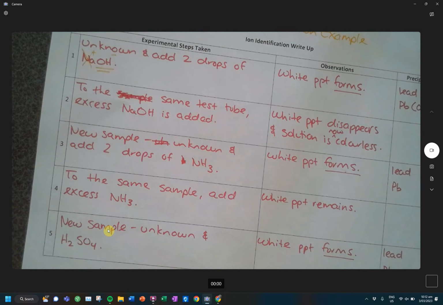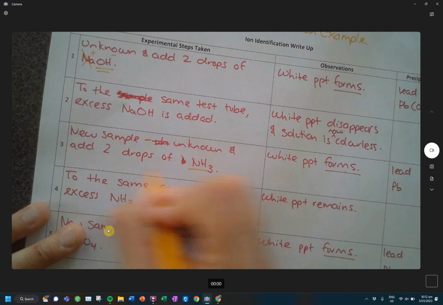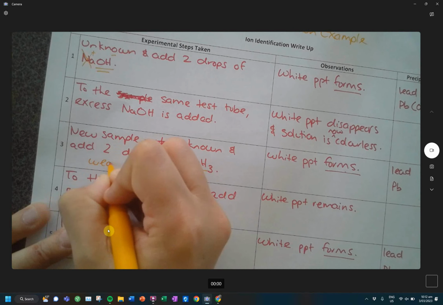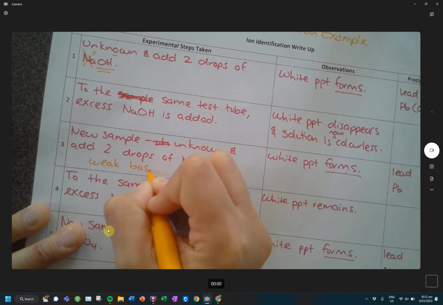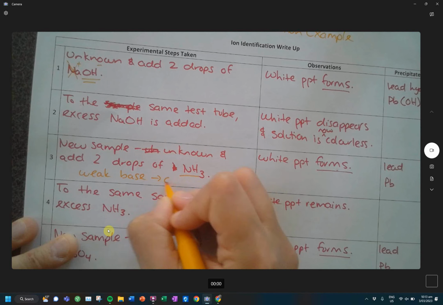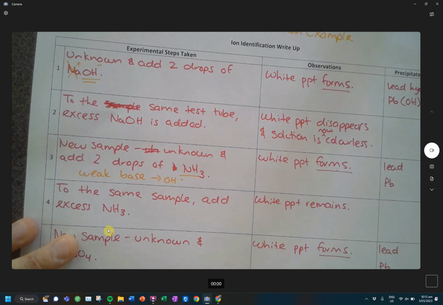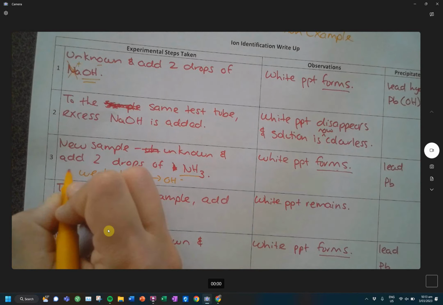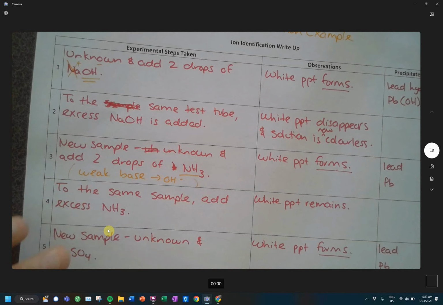We are thinking about what ammonia is. So ammonia is a weak base. So in this case, since it's a weak base, the anion that I'm going to be using is the hydroxide ion. So that's just a secret thing to kind of remember with this one here. A lot of people get messed up there.